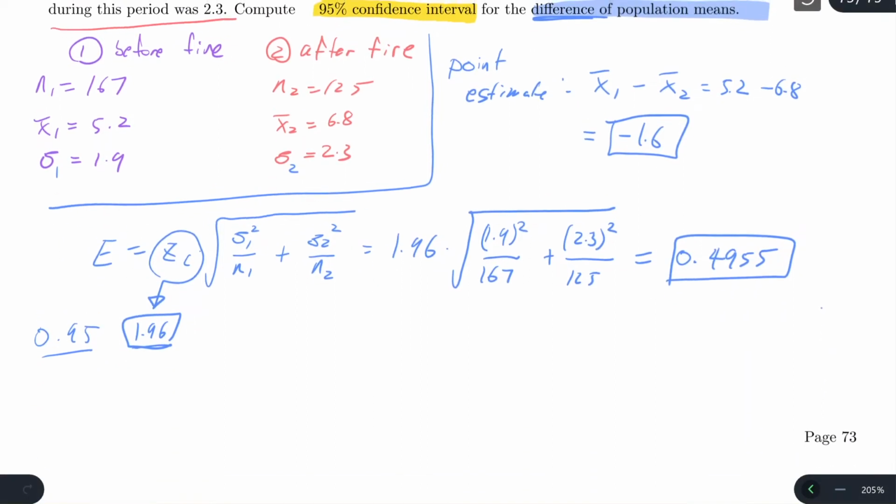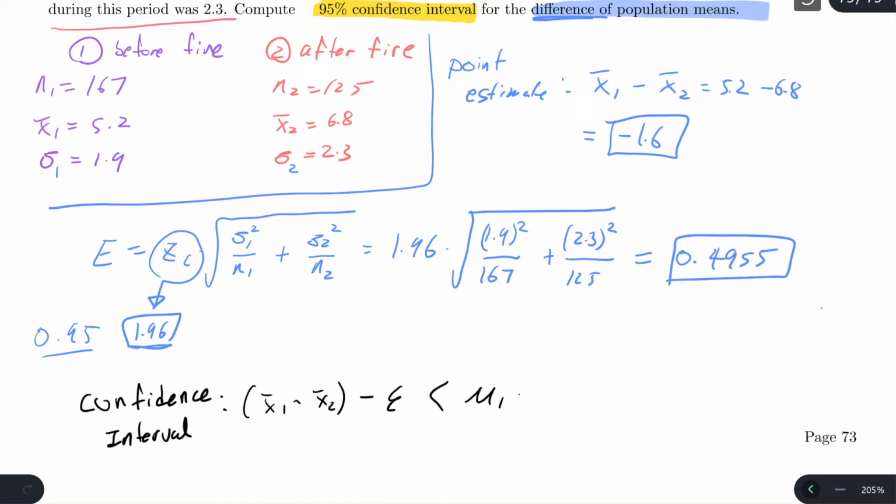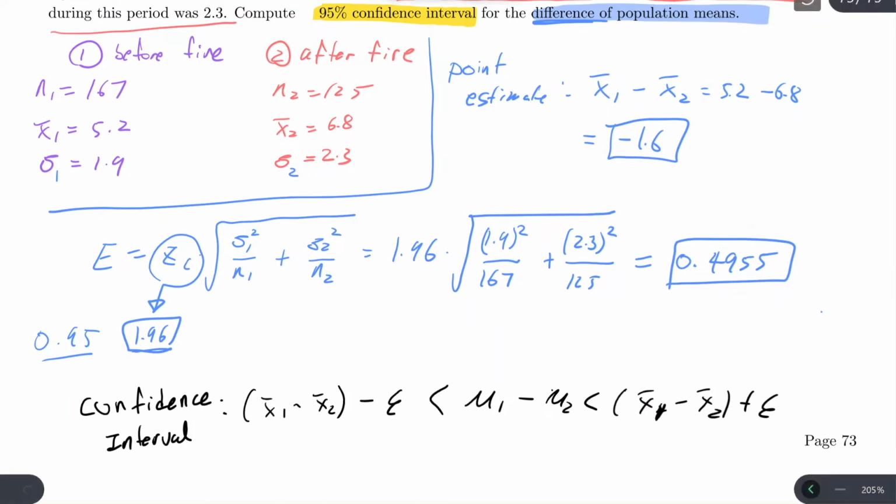So the confidence interval is the point estimate, which is the difference between two sample means, minus the margin of error, and the point estimate plus the margin of error. We know these values. Let me write these down.